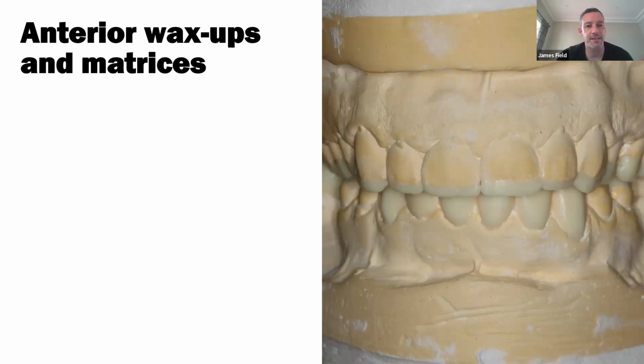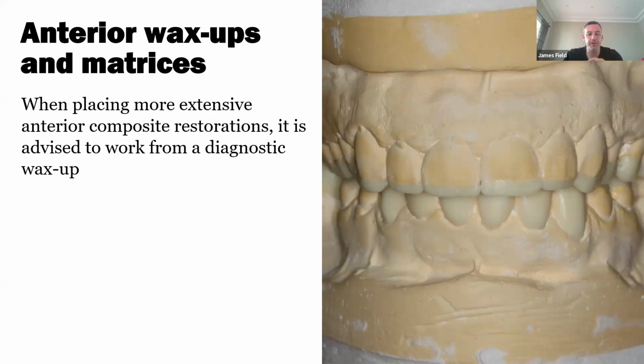NHS practice doesn't always lend itself to the optimal workflow here, but really, if we want a wax-up doing, so we can discuss the outcomes with patients, and we can use it to make matrices, both for mock-ups in the mouth, but also to help us place composites, then we need to take the time to take good records, and to have wax-ups done and sent back to us first by the lab. But that all adds in time, it adds in stages, and we need to be prepared to put those options to our patients.